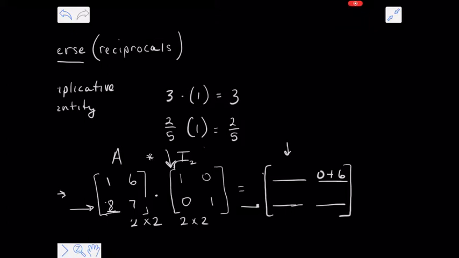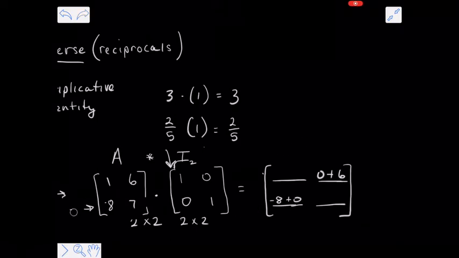So this entry and that entry, negative 8 times 1, is negative 8, and then I need this entry times that entry. So you move across the row, but then you move down the column there. So 7 times 0 is 0.